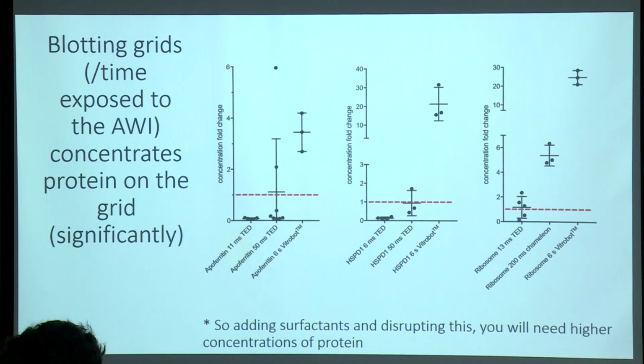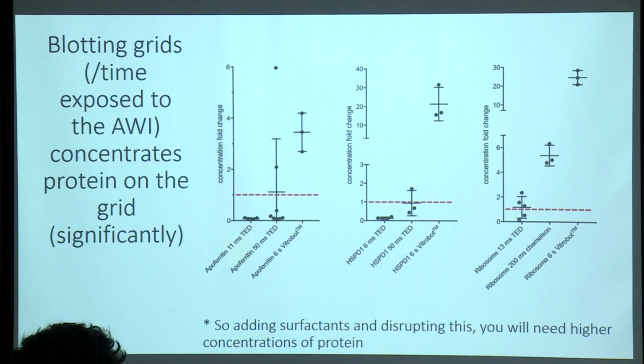I can never say, oh, well, you need this exact amount of protein, because, anecdotally, proteins will concentrate up in different ways on the grid. So this is really one of the first studies where we went through a process where we measured this and did quite controlled experiments to be able to look at the protein concentration.